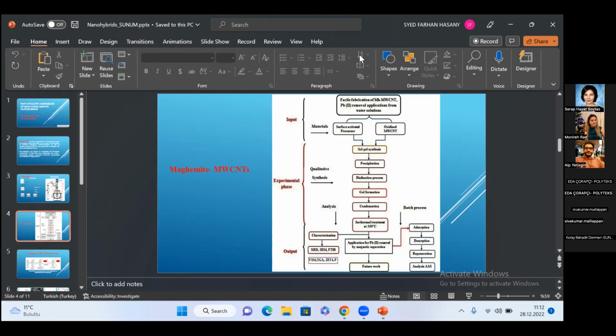The iron oxide precursor was nucleated by a weak base at pH 9 to make iron hydroxide nuclei, which were then washed, dried, and passed through different synthetic procedures, which involve dialysis, gel formation, condensation, and isothermal treatment.